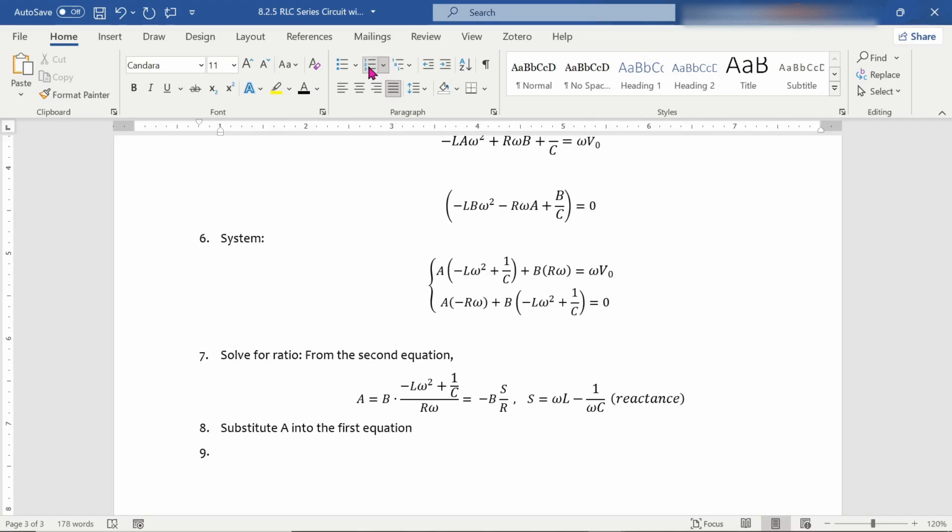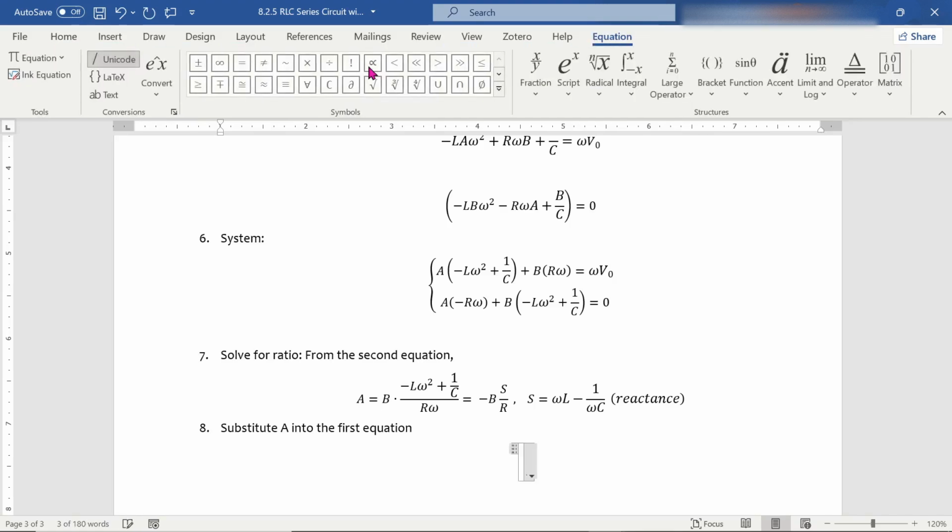What happens now is that we have negative B times S over R times negative L omega squared, right? Plus 1 over C times, it's plus B times R omega.